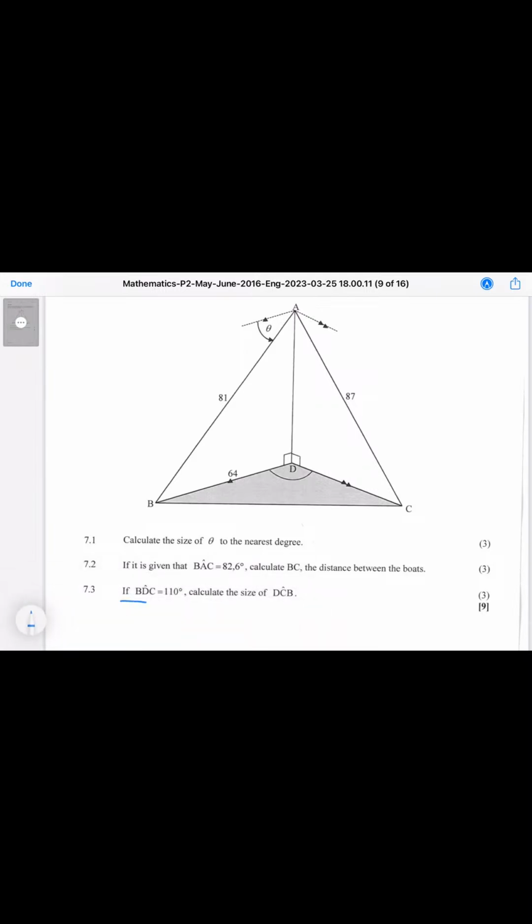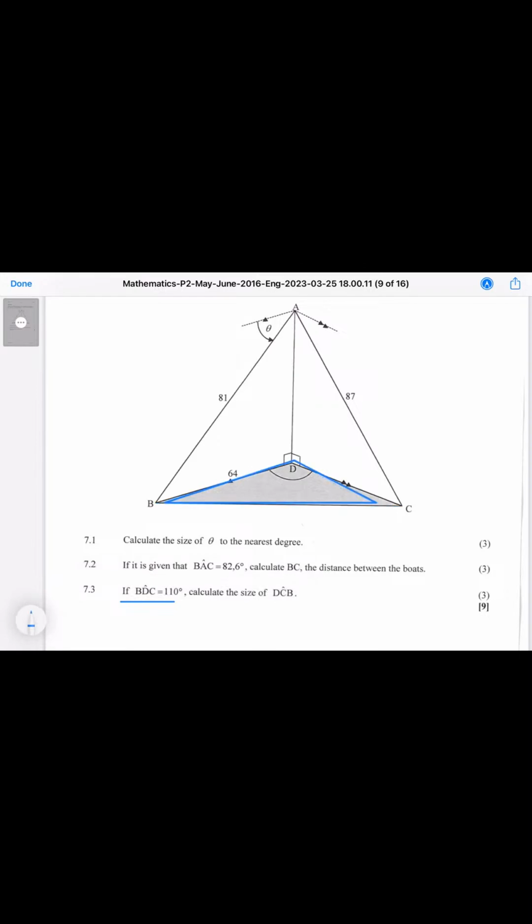if in triangle BDC, let me quickly redraw that triangle. I'm hoping that it's going to come out nicely this time around.